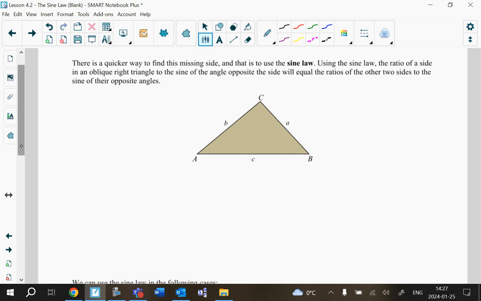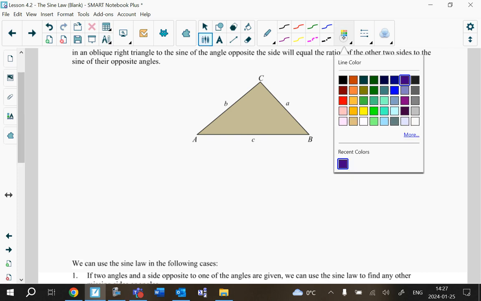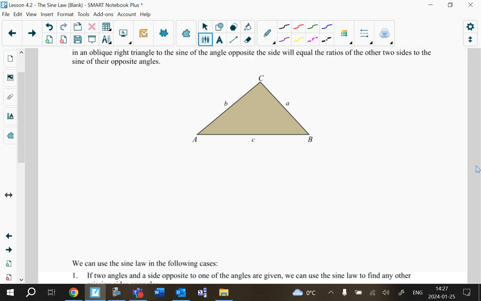There is, however, another way. And it actually involves developing a formula that is a combination of what we just did in that previous example. In any non-right triangle, you've got three angles, you've got three sides, and I've got them labeled like such. These ratios will always equal each other.